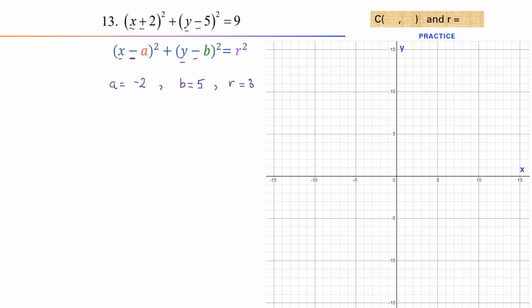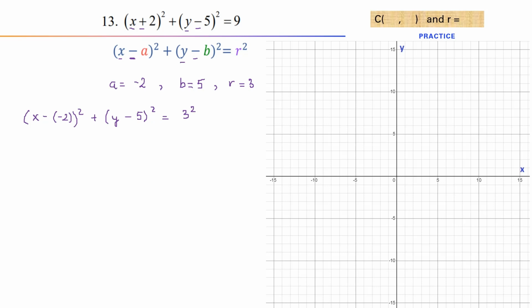So I can rewrite it as x minus negative 2 all squared plus y minus 5 squared equals 3 squared.